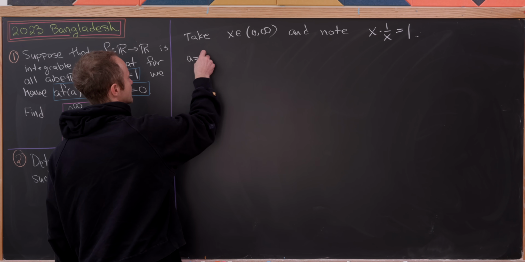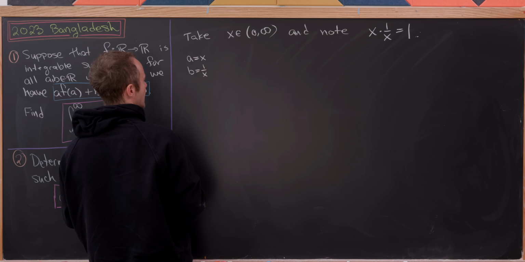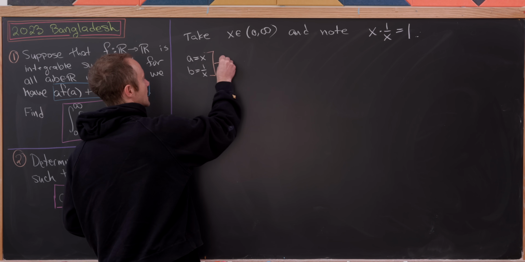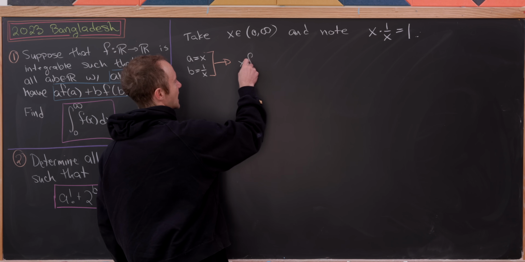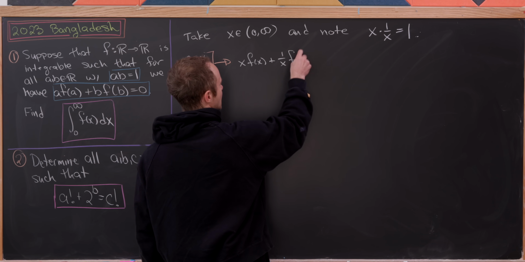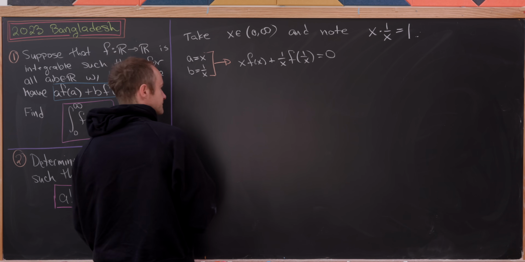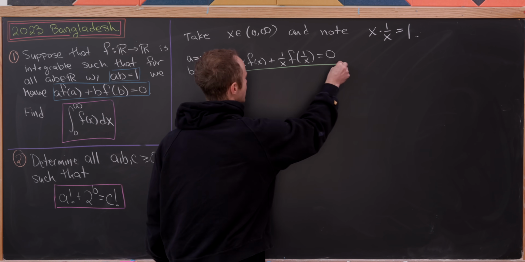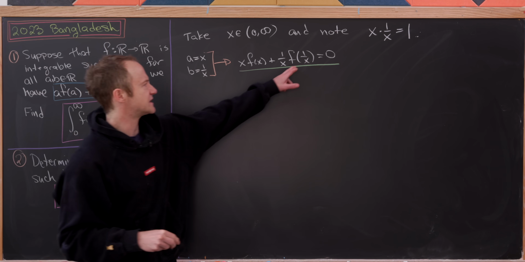Plugging into our given condition means that x times f of x plus 1 over x times f of 1 over x is equal to 0.